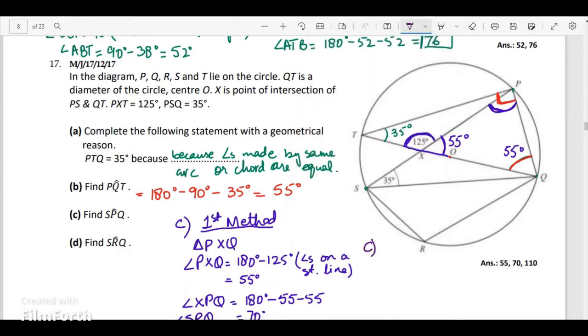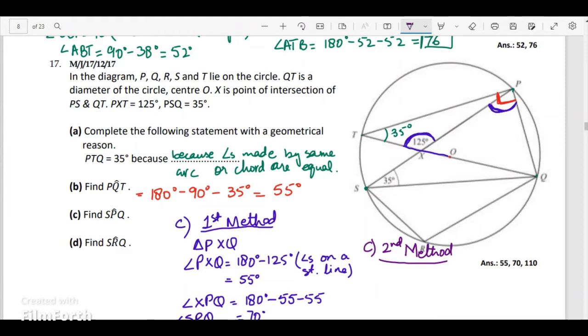For C part, second method. I should raise this working here so it's more clear.